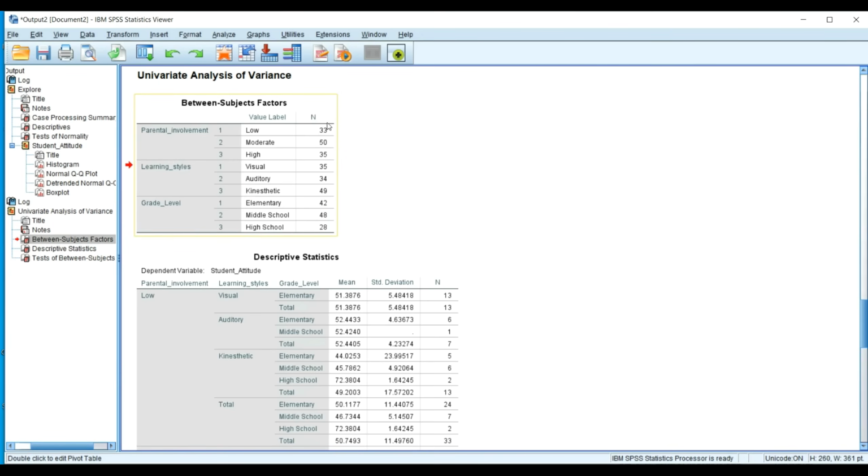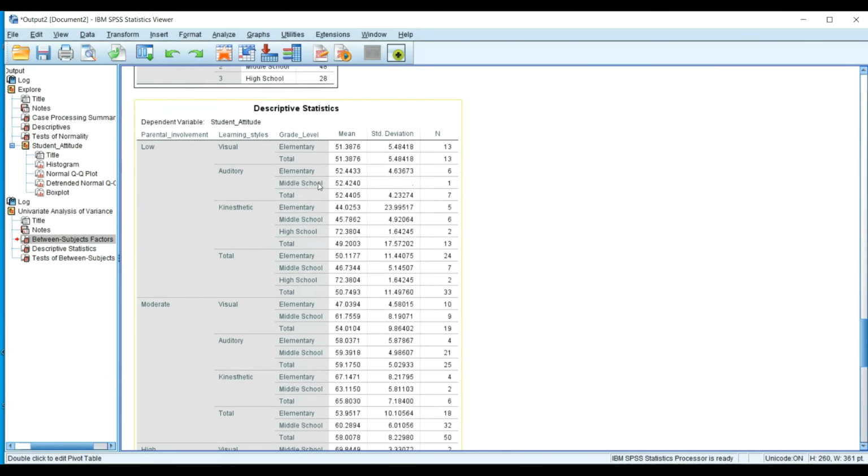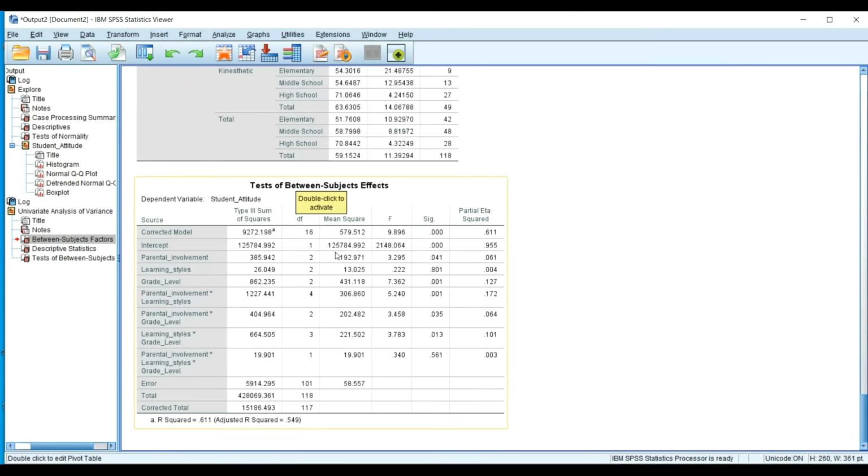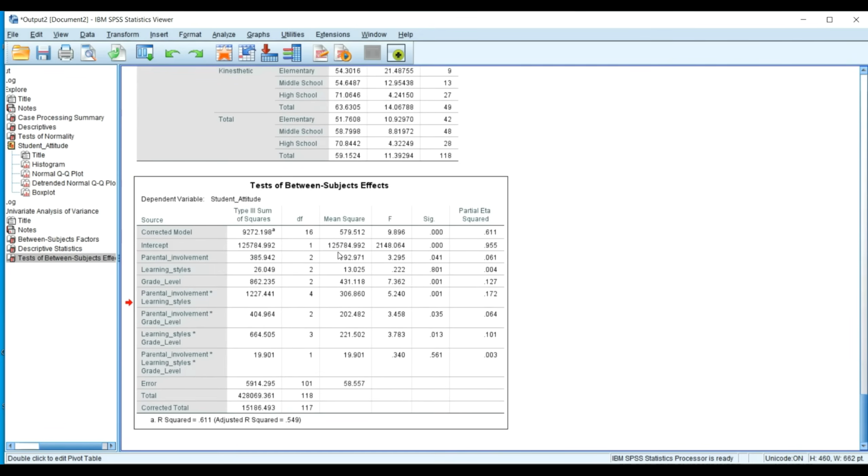And then we have the individuals, the numbers, and the observations. The second table is the descriptive statistics, which gives us the total number and their means: the parental involvement, learning style, grade level. But this is where our interest is, first of all.